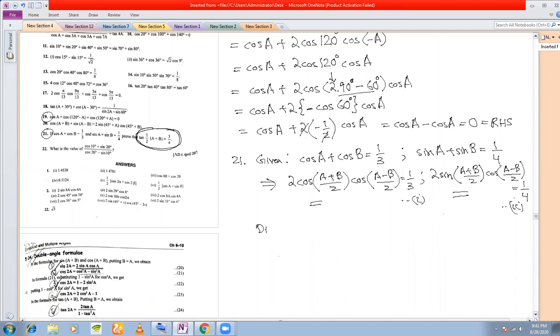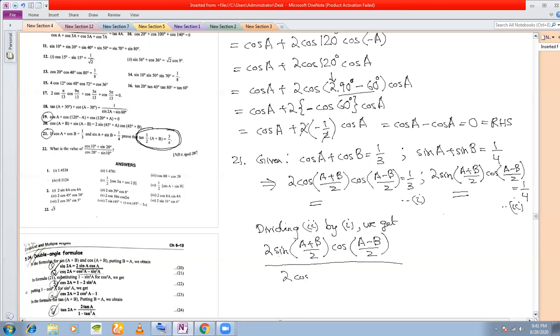So dividing 2 by 1, we get 2 sin (A plus B)/2 cos (A minus B)/2 divided by 2 cos (A plus B)/2 cos (A minus B)/2.